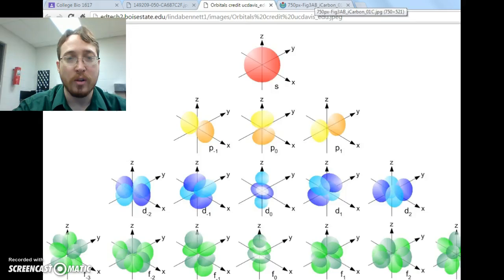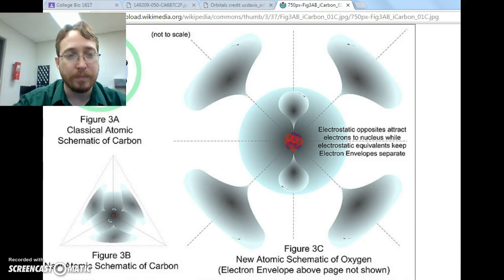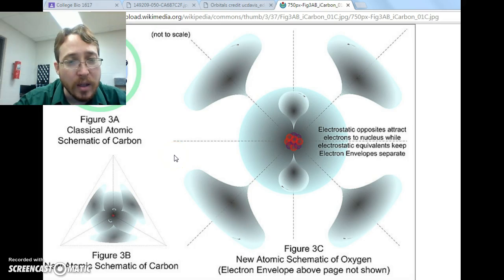So what does it look like when we put all those together? Well, our atoms don't even look like rings at all. They look like these weird conglomerations of places where electrons can be. So if we've got this nucleus in here, this is what an electron cloud would look like. We wouldn't find electrons out here so much, but we would find them here and here and here.